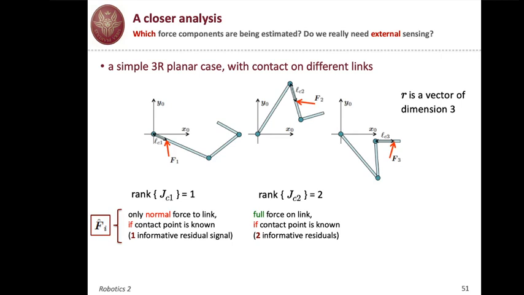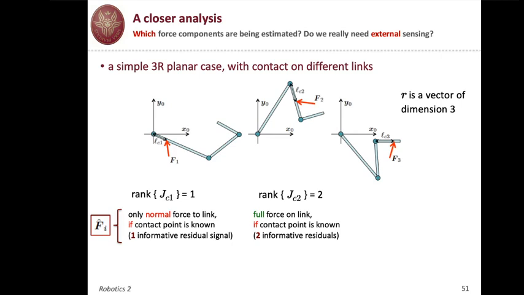So if, again, you know the contact point, either a priori, because you expect that the collision occurs only at a certain point, or more realistically, because your monitoring system has localized the contact point, then with the two residuals not different from 0, you can estimate both components of the force F2. Of course, in this case, there may be some singular situations.